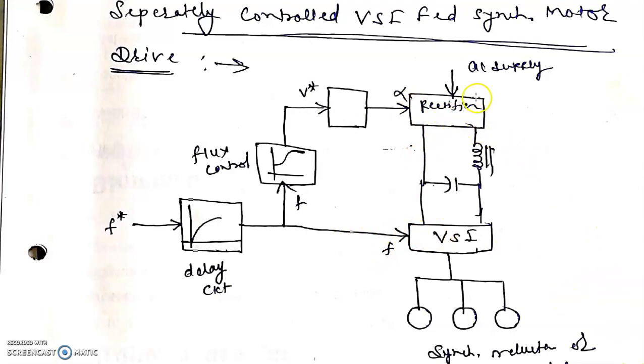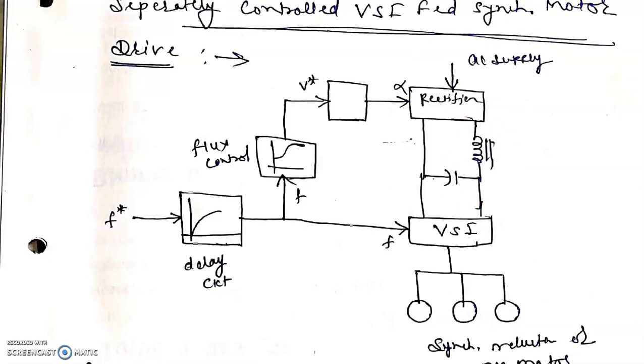We give the AC supply to the rectifier. This rectifier converts the AC into DC. This is the inductor and capacitor to separate the rectifier and VSI, and to remove the harmonics in the supply.